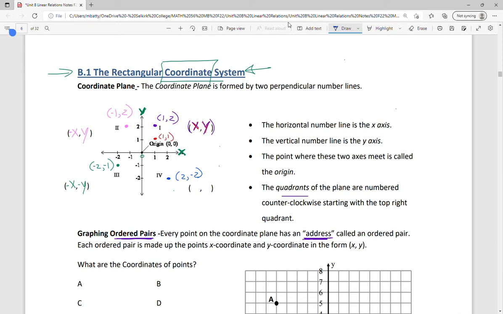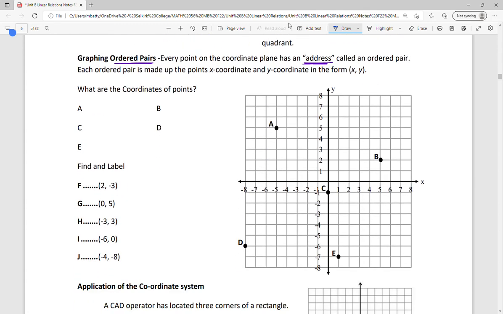Everything in this fourth quadrant is a positive x and a negative y. And so it's really just playing Battleship, if you will. So we're going to practice giving some ordered pairs, and then we're going to practice graphing some ordered pairs. Either way, it's the same idea. You're trying to find the address of these things.